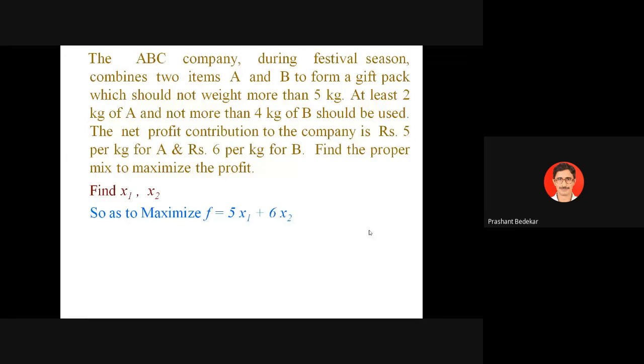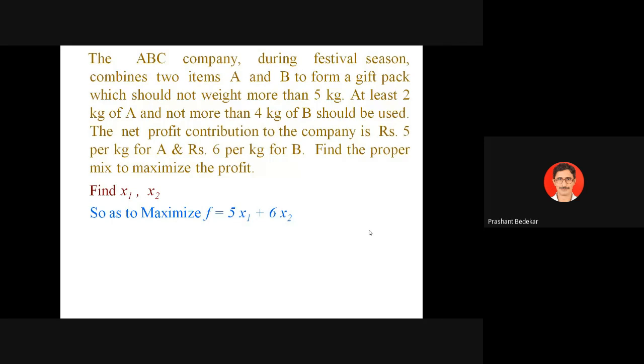If I read the problem, it says that the gift packet should not weigh more than 5 kg. And as per my assumption, I am taking x1 kg of A and x2 kg of B to form the gift packet. So what will be the weight of gift packet as per my assumption?